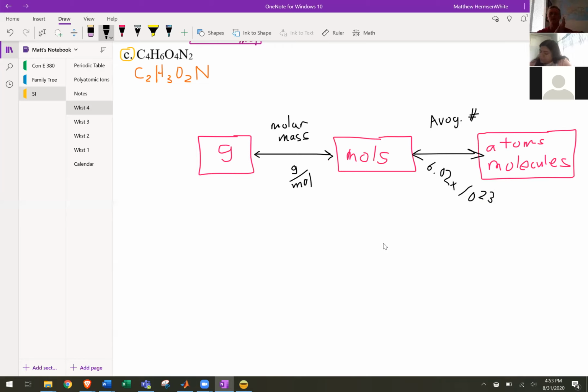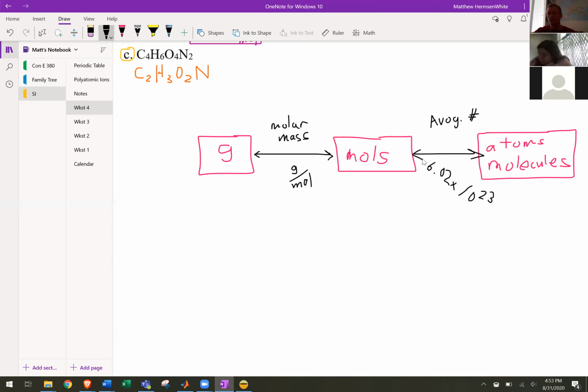So when you're going between grams, moles, and atoms and molecules, you always have to follow this track. There's no way to go from grams to atoms. You have to go through moles first. And if you want to go between, for example, grams and moles, you have to use the molar mass to do so. It's the only way.